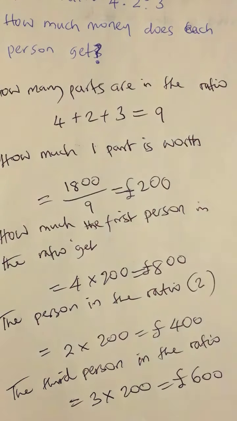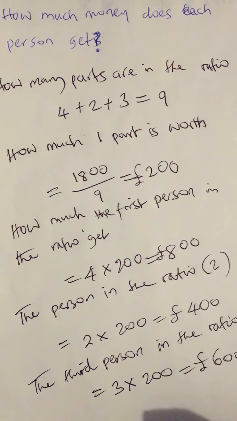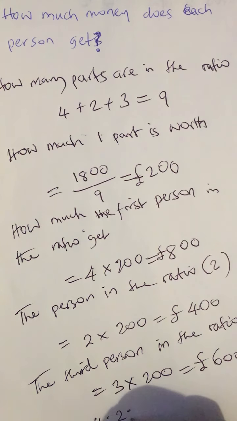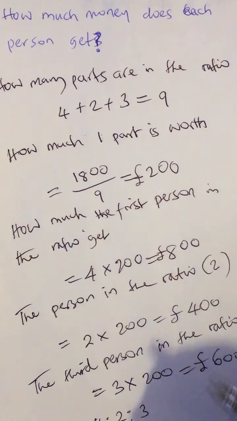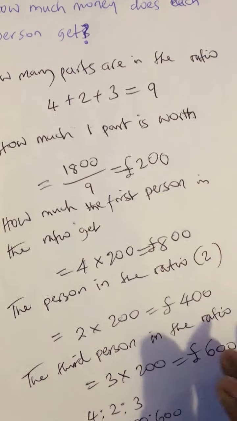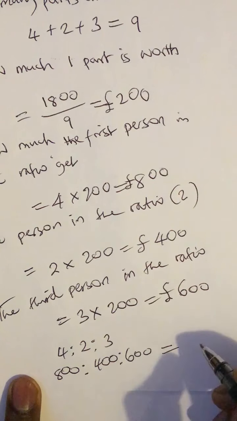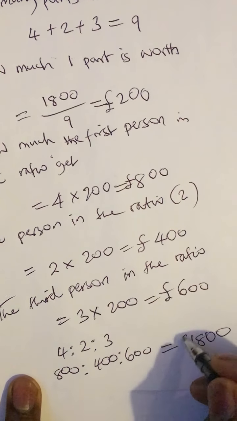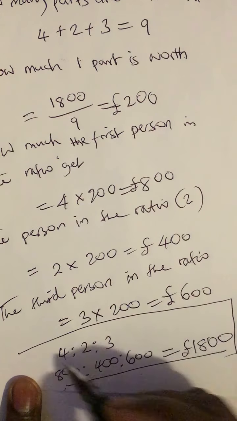So having split that now, we know that the ratio of 4 to 2 to 3 gives us 800 to 400 to 600. If we add this together, this will give us 1,800. So this is just to cross check our answer.